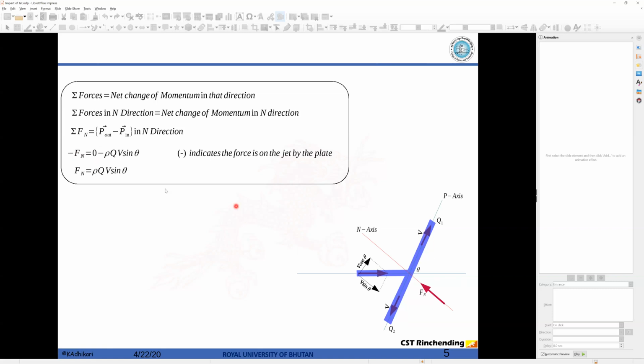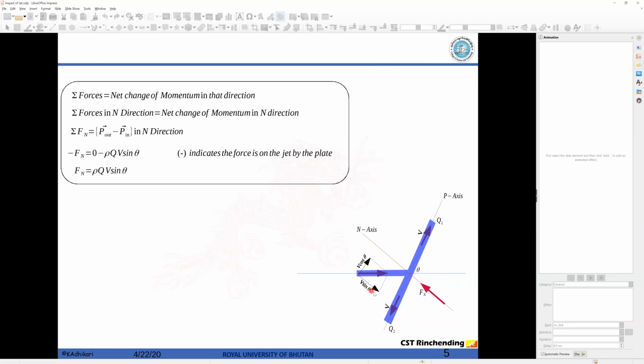Fn is equal to the force that was going in n direction. As I said, since the velocity component in the n axis going out is 0, the outgoing momentum becomes 0, minus the incoming, which is v sine theta.